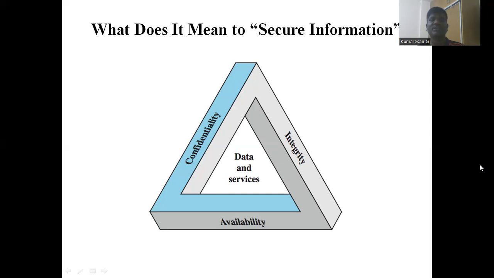Once we satisfy these three requirements, business people can make sure their data is secured. That is why these security principles are crucial for protecting our confidential information.